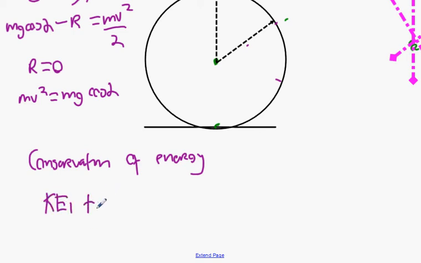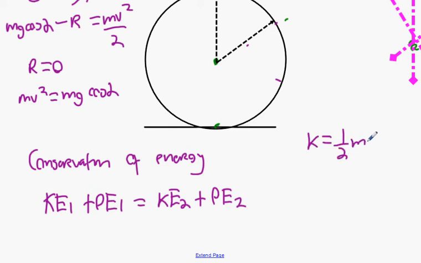KE 1 plus potential energy 1 equals KE 2 plus PE 2. What's kinetic energy, you guys? Formula for kinetic energy? I have half mv squared. For potential energy, anybody remember? Mass times gravity times height.